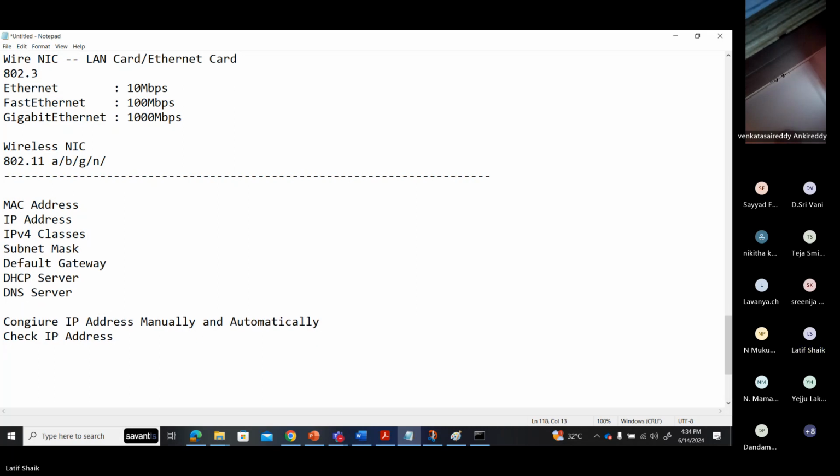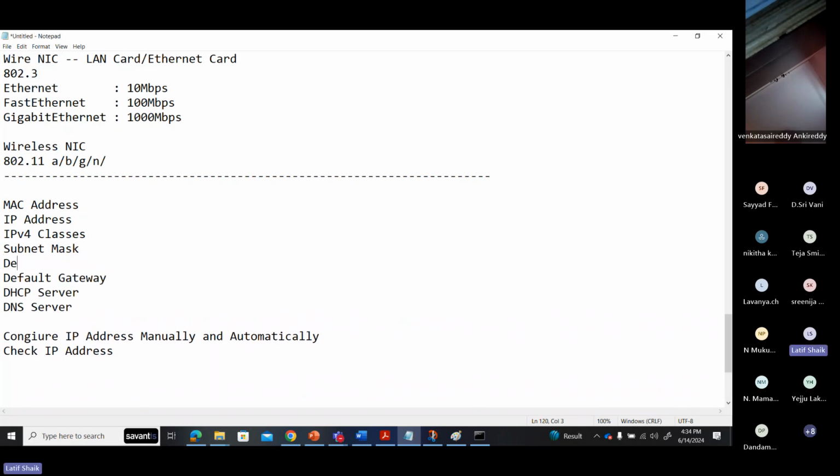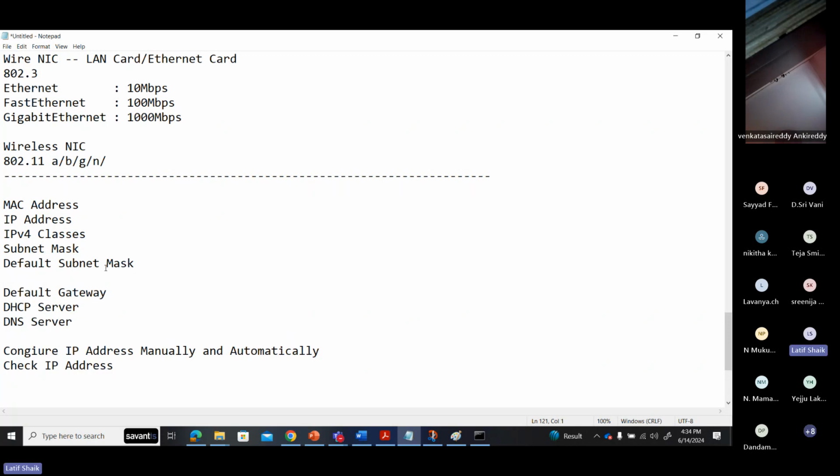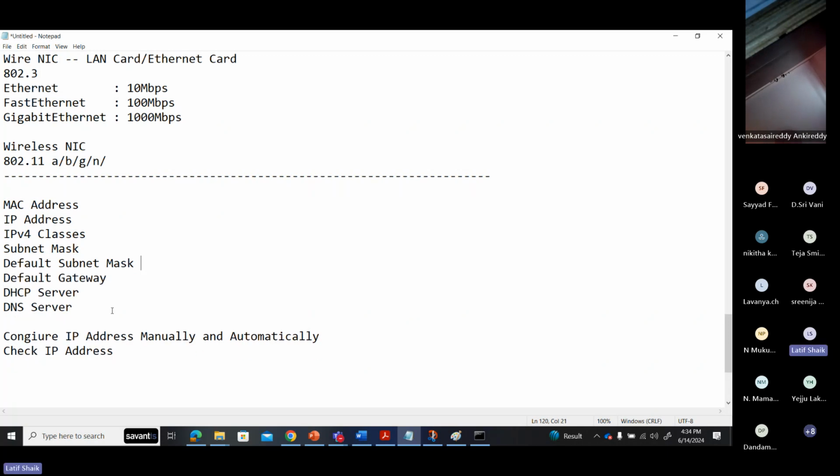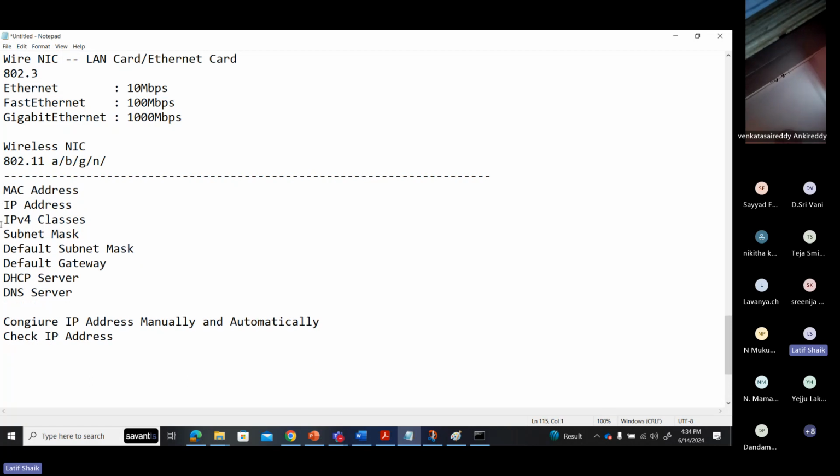Next, subnet mask, default subnet mask for classes. Next day I will revise all these things. We discussed IP address, MAC address, classes, subnet mask, and default subnet mask.